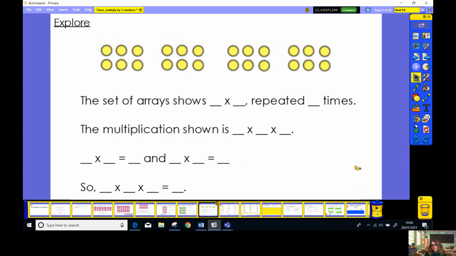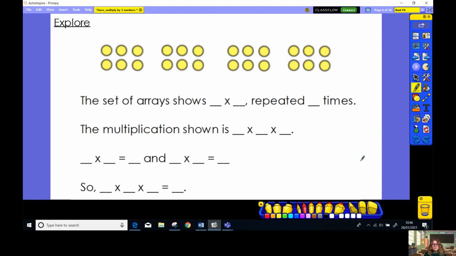Here's another way of showing this. This time I've written it using some stem sentences. I have some groups of counters up here. I have one group of 2 times 3, and there are 1, 2, 3, 4 equal groups altogether. Here we're going to fill in these sentences with the correct numbers.